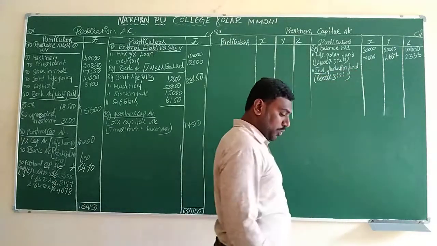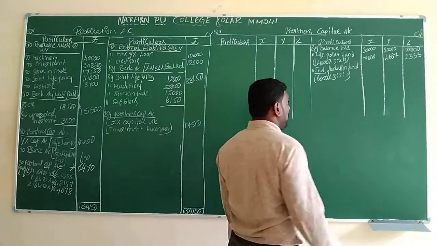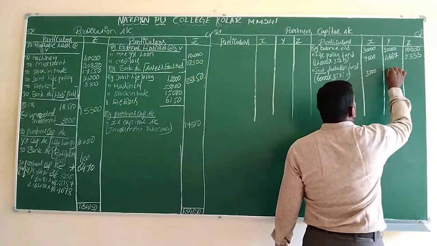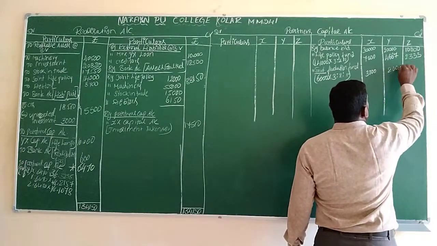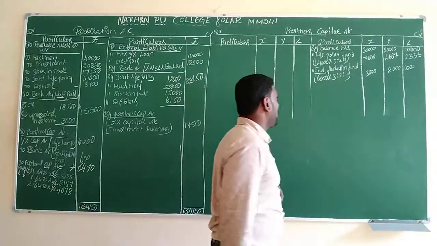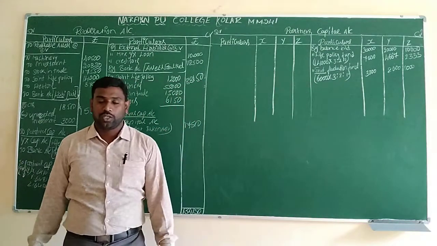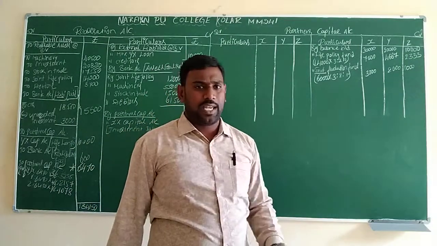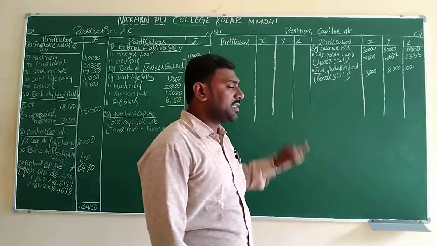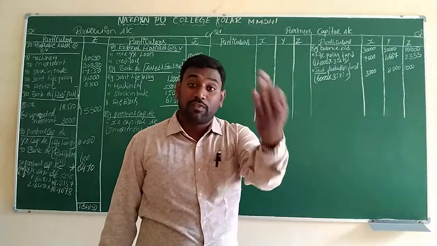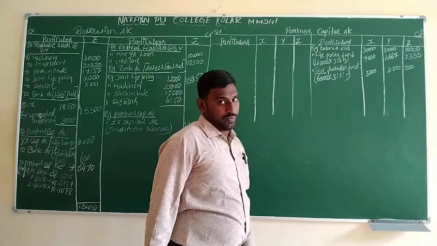That is 3/6, 2/6, 1/6. First partner will get 3,000 rupees. Second partner will get 2,000 rupees. And the third partner will get 1,000 rupees as the share of investment fluctuation fund. So, liability side, three transactions they are given. Capitals we will transfer, life policy fund that also transferred, and investment fluctuation fund that also we transferred here.